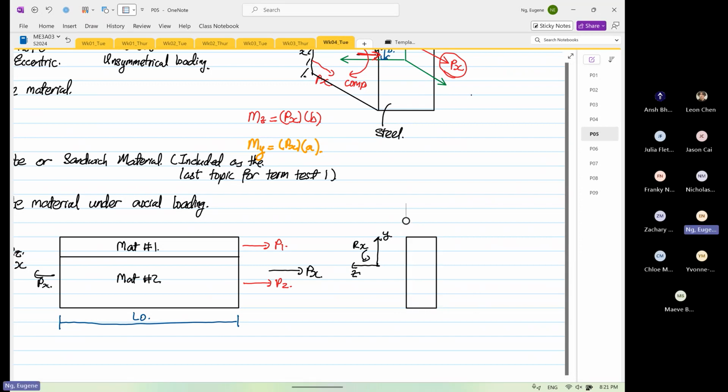This is material number 1, and this is material number 2.